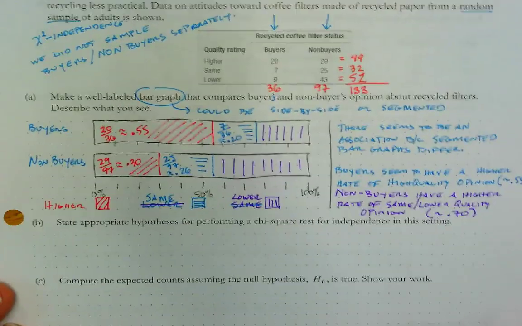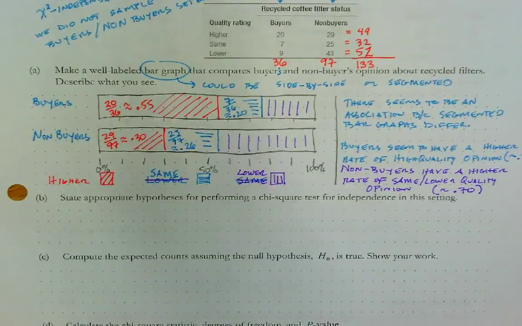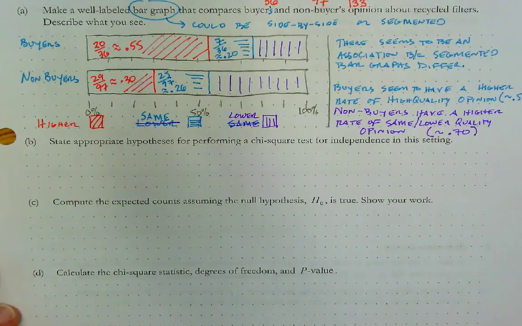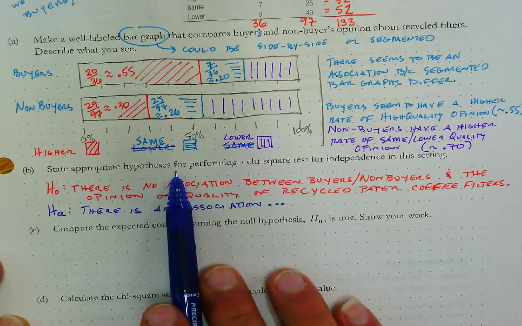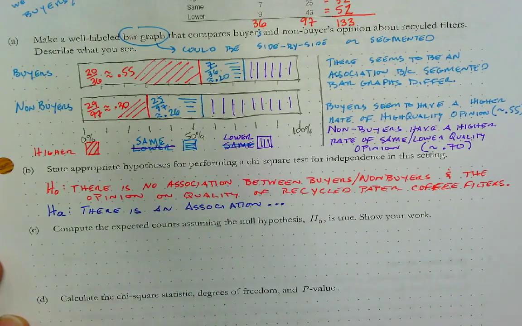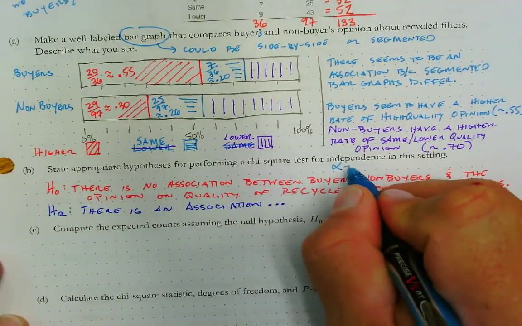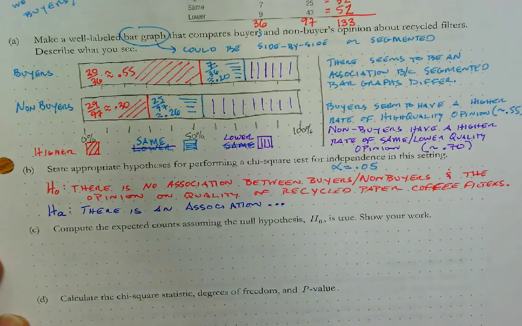So try and finish this out. The next steps are fairly straightforward, but unpause the video where you need and follow along. What would be appropriate hypotheses for the chi-square test for independence in this setting? We'll use alpha as 0.05 for our significance level.